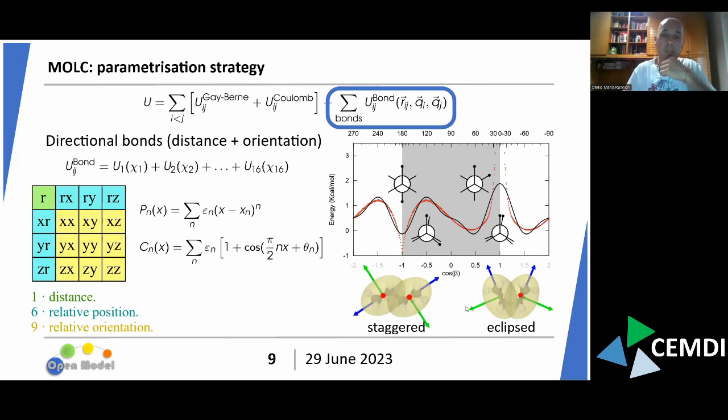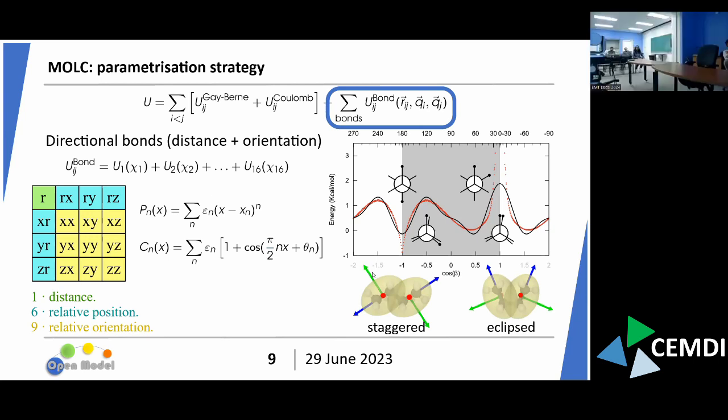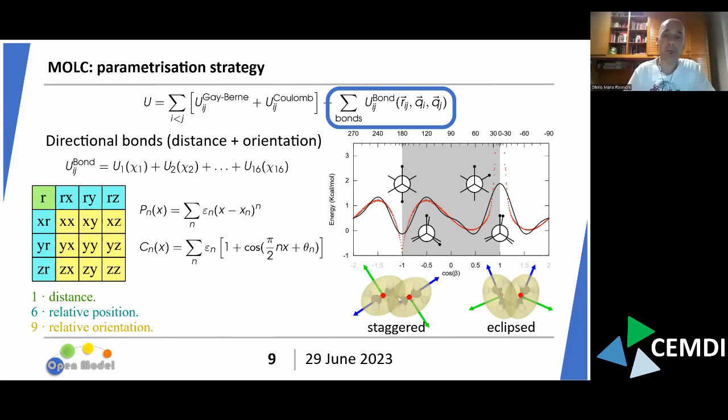The way this potential acts is broken down into a series of 16 scalar products between the various axes of the two ellipsoids plus the radius describing the bond between these two ellipsoids. Then analytically we can choose to fit them with a polynomial series or with a cosine series. That depends on the potential.